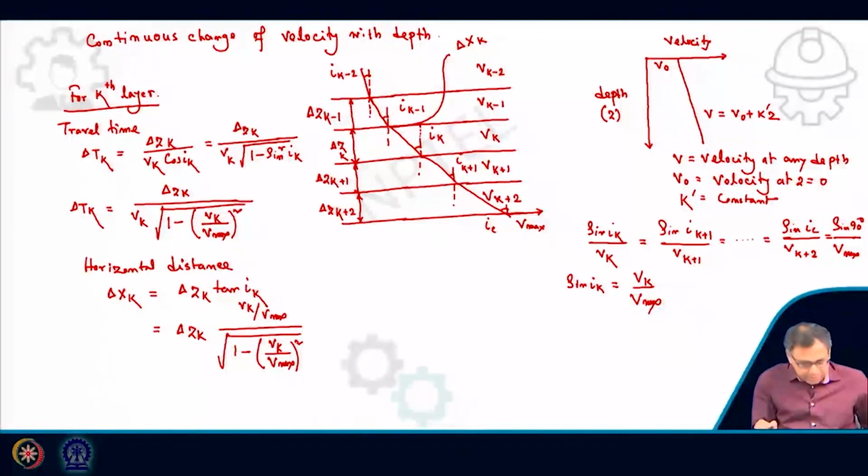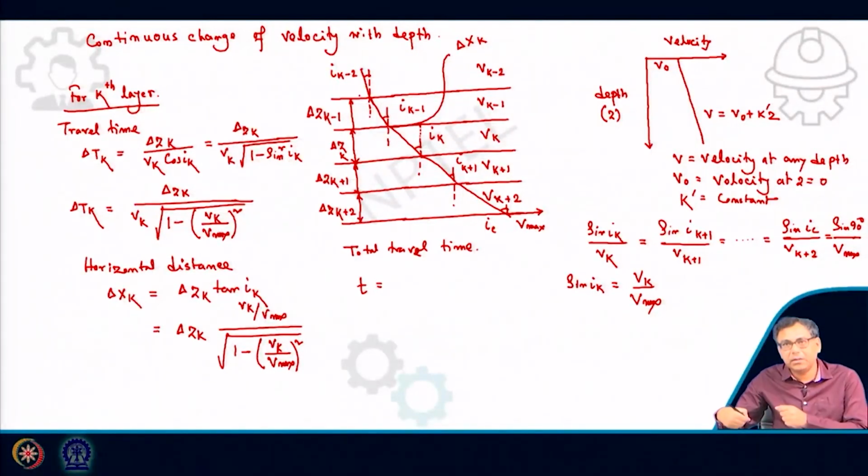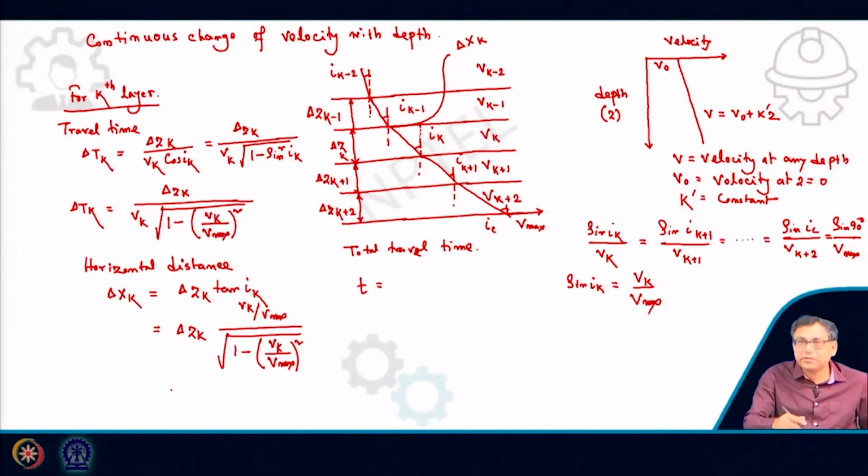Okay. So now the total travel time T for all the layers, from the top to the maximum depth it will achieve. Initially this travel time was for that particular segment of the layer.